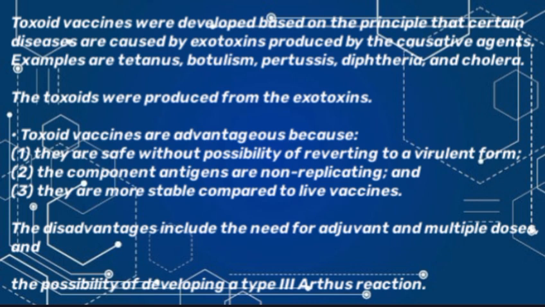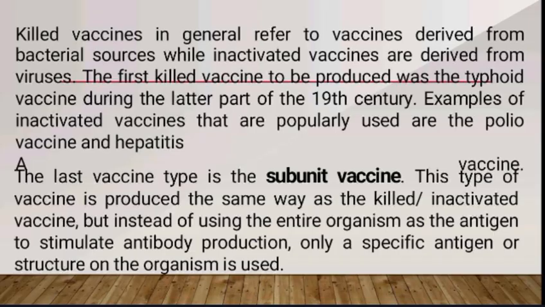The component antigens are non-replicating, and they are more stable compared to live vaccines. The disadvantages include the need for adjuvant and multiple doses, and the possibility of developing a type 3 Arthus reaction.